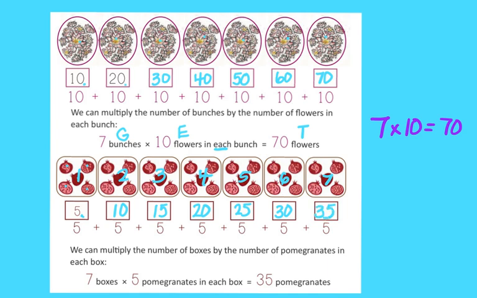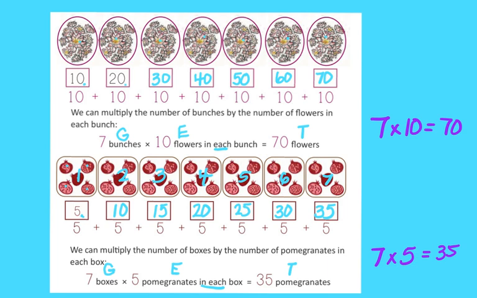We can multiply the number of boxes by the number of pomegranates in each box. So 7 boxes, that's our groups, times 5 pomegranates in each box, that's our each, equals 35 pomegranates. That's the total. So this is 7 times 5 equals 35.